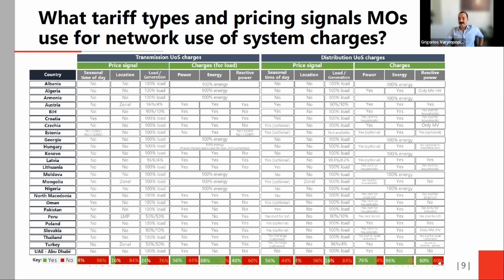And reactive power incentives, again, are more popular in distribution use of system charges. 60% of countries use them in comparison to 40% in the transmission use of system charging structures. Another element that is useful to comment on, only one country had only demand charges in their charging structures.